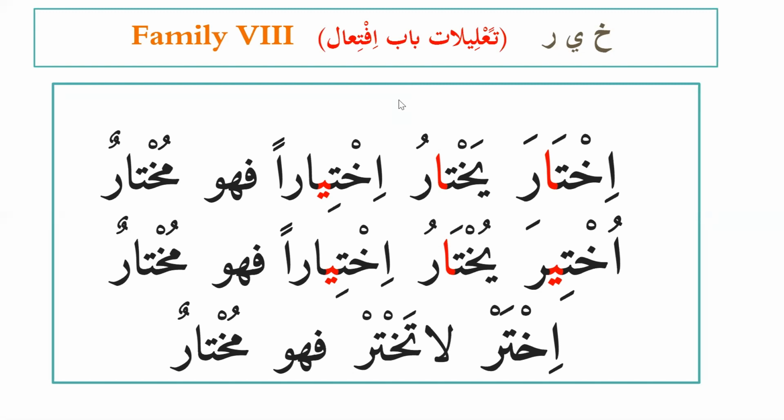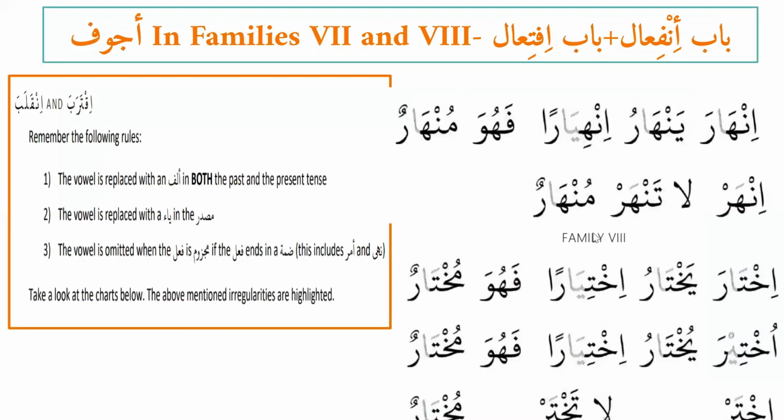Okay, let's go to the next slide, which is the summary of these two. Just look at the changes. Vowel is replaced with alif in both past and present. Inhara, yanharu. Ikhtara, yakhtaru. Vowel is replaced with ya in the masdar.